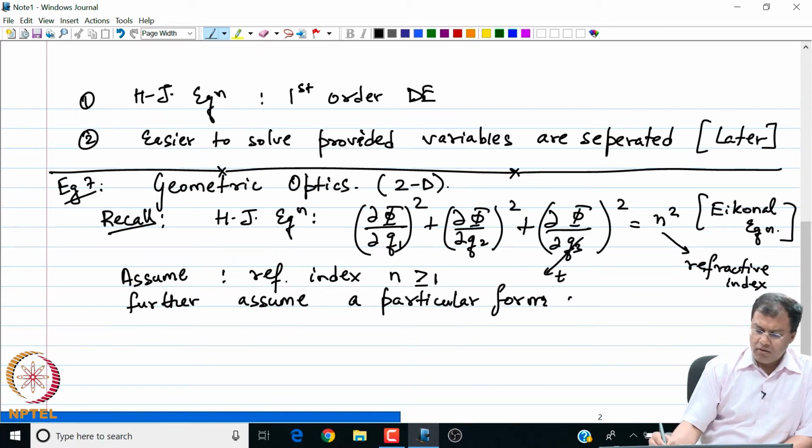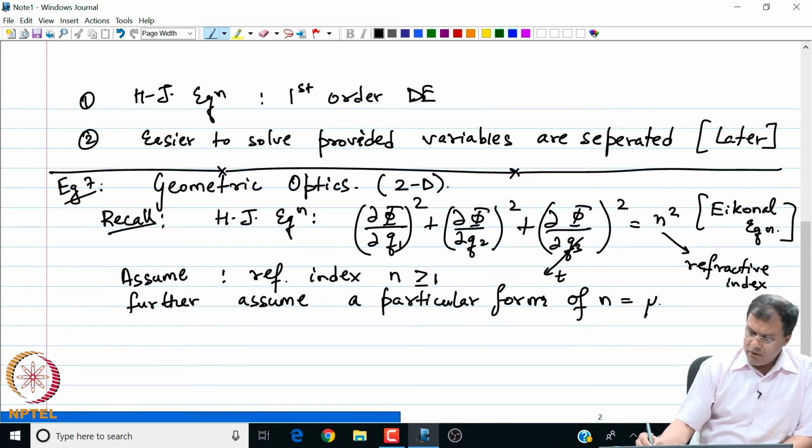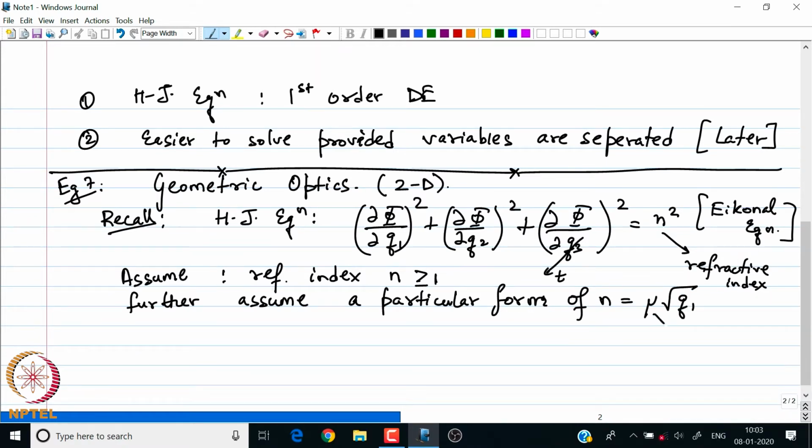We assume that n is of the form mu times square root q1, where mu is a constant and taken to be greater than or equal to 1. Now, further, since n is greater than or equal to 1, we assume also that q1, the first coordinate, is also greater than or equal to 1. Okay. So that is again coming from the physical constraint here.